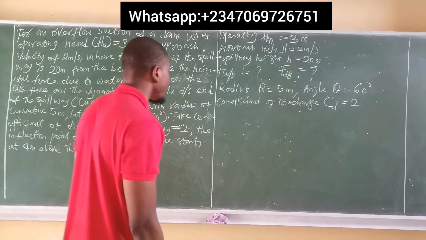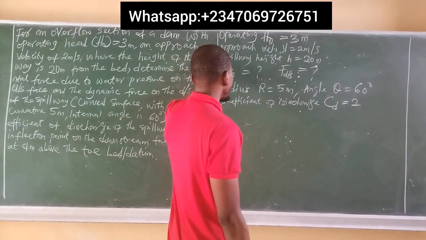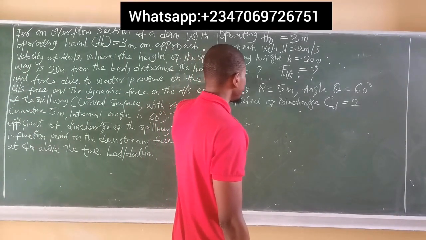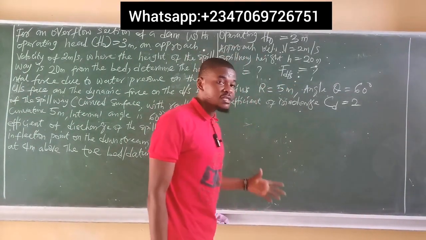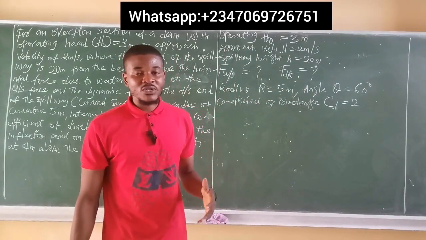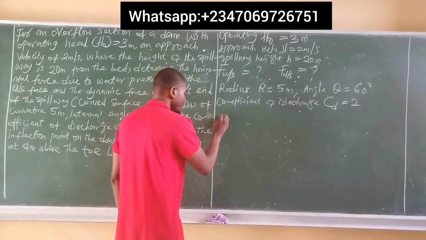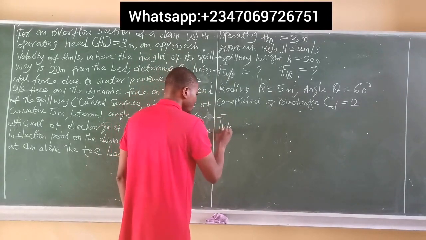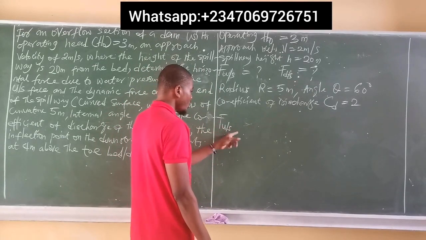Having these parameters now, we are asked to find first the pressure force due to the upstream surface, and then the dynamic force due to the downstream surface. Calculating this is actually quite simple. Let's start with the pressure force due to the upstream end, F US. Take note, US simply means upstream end.